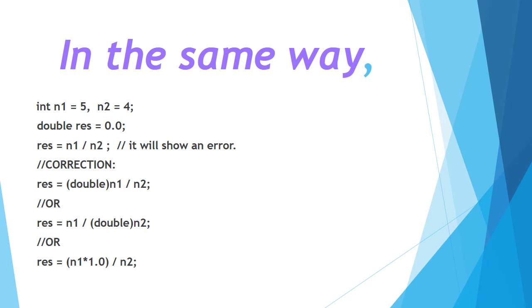So decimal divided by integer is now okay. It will give the correct output. So the conclusion is that we can divide either integer by decimal, or decimal by integer, or double by double, decimal by decimal. All are correct.